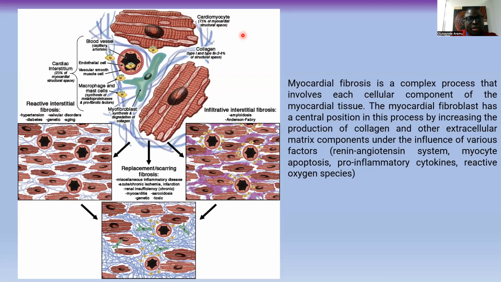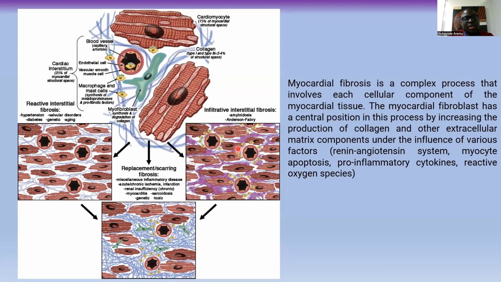So when cardiomyocyte is lost, but not significantly lost, then we see a kind of reactive interstitial fibrosis. And then we also see the infiltrative interstitial fibrosis, and this has to do with deposition of some lipids, sphingolipids. You see in the myocardium amyloidosis, and we have Fabry disease, which is a genetic disorder. Those are the interstitial fibrosis that we have.